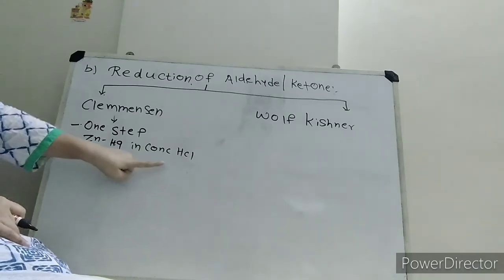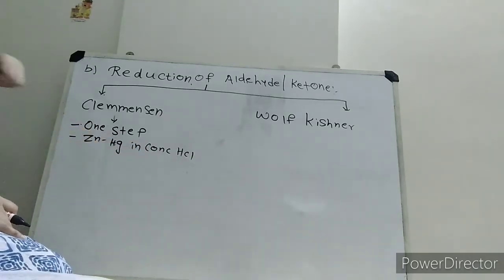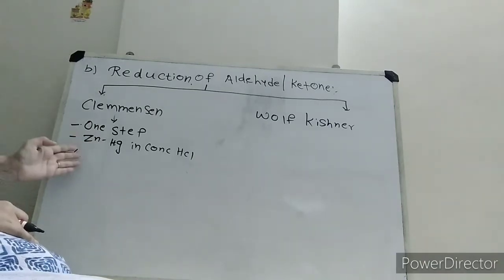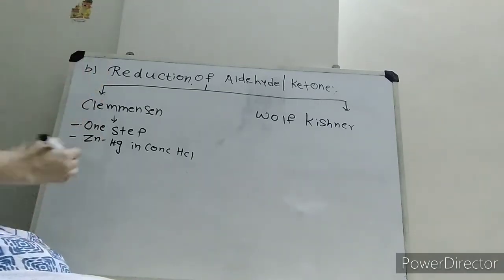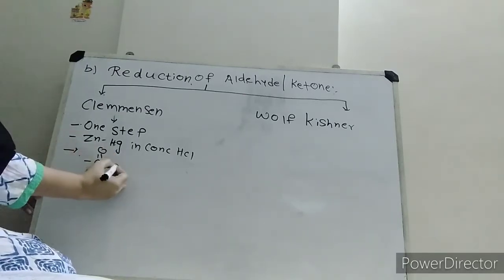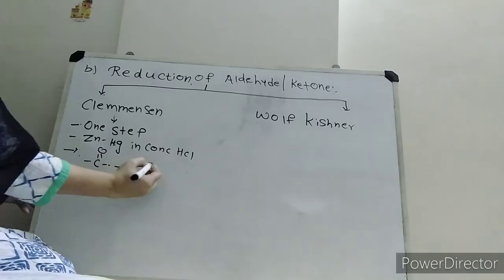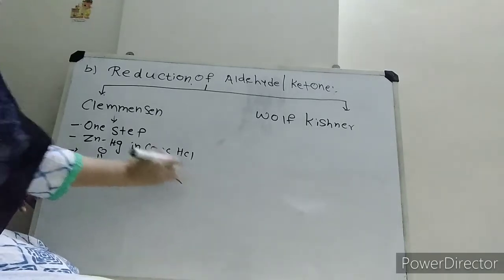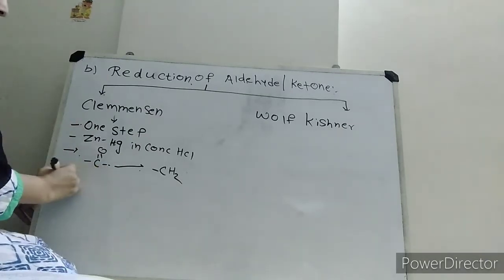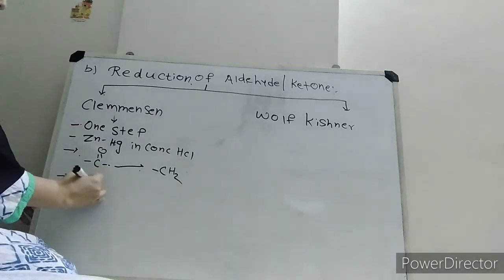This catalyst we have to write on the arrow, and the carbonyl carbon, the C double bond O, gets converted into a methylene group to form the alkane.